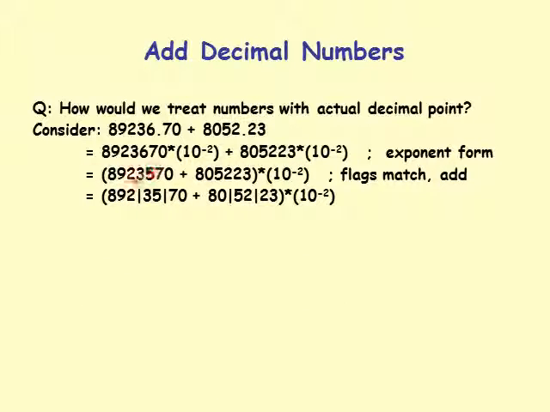We can add them using number splitting: 70 plus 23 is 93, 52 plus 35 is 87, and 892 plus 80 is 972. So we get 972, 87, 93, and the exponent is still 10 raised to the power -2.